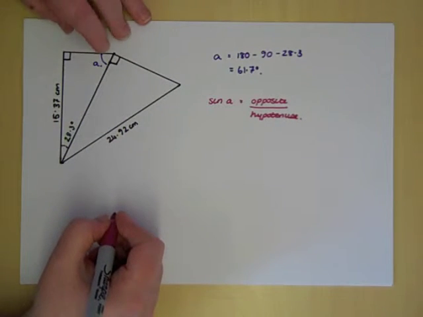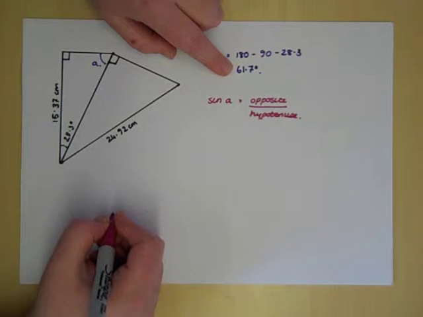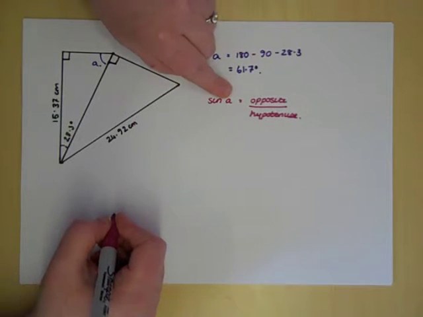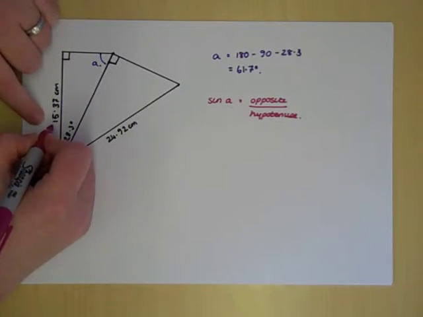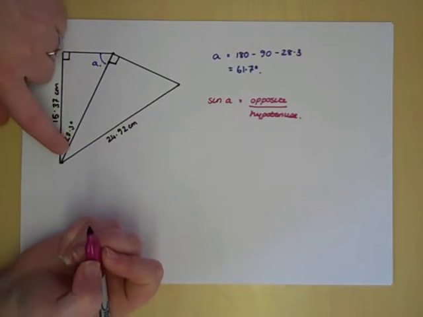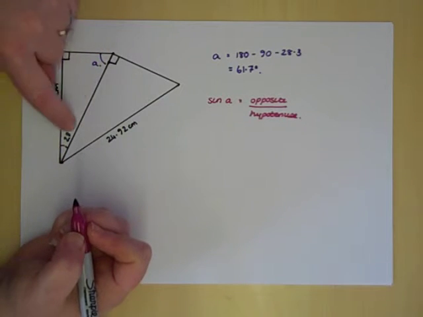And I know that A is equal to 61.7, so I know I can work out what the sine of A is, and I know the opposite in this case. This is this length here, 15.37, so I'm going to be able to work out this length here, the hypotenuse of this triangle.